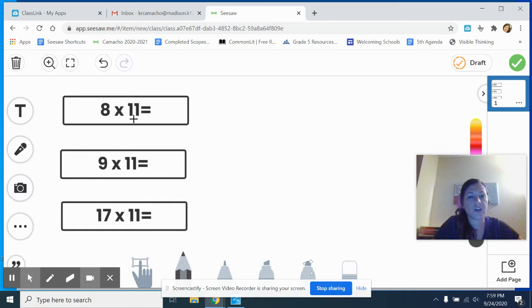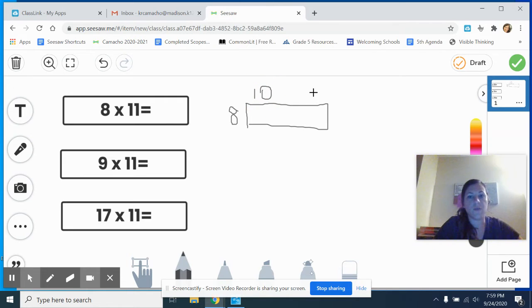And for the array strategy, what you basically do is take one of your factors, and since this is a single digit, it's only going to be one row across. And then you take that 11 and you actually break it apart into the tens. So I have a group of 10.